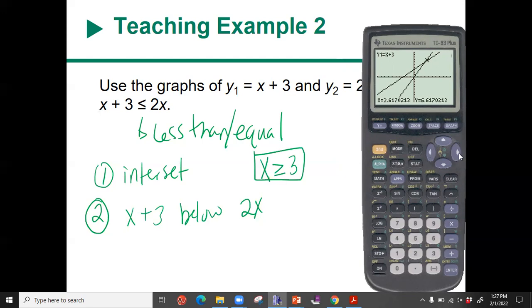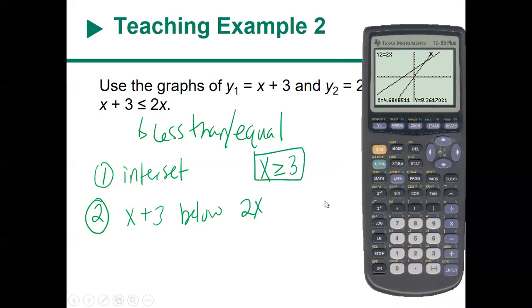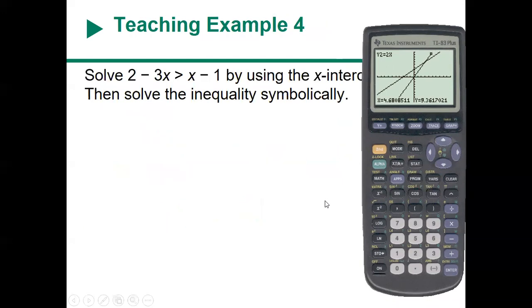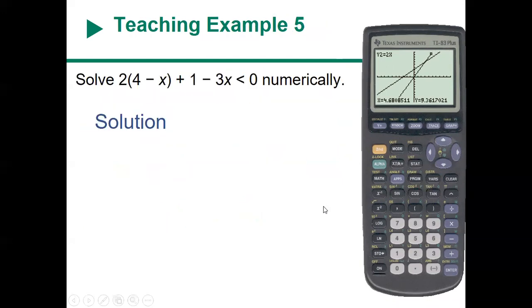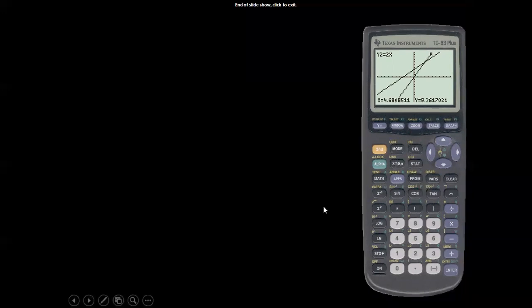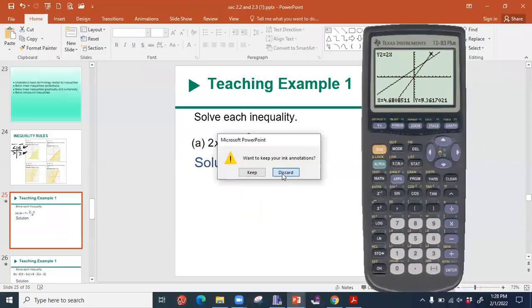So after x equals 3 is when it's physically below it. Okay, and that is how that works graphically. So this is going to be our stopping point for today. Tomorrow we will finish inequalities.